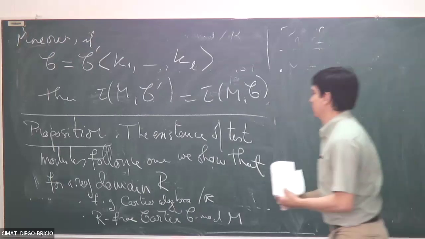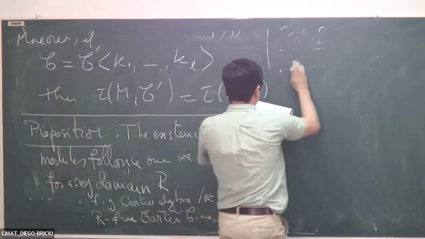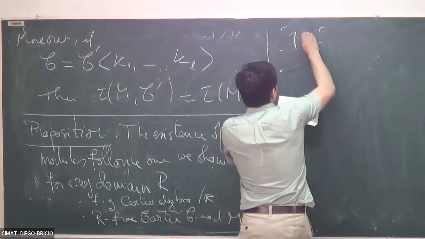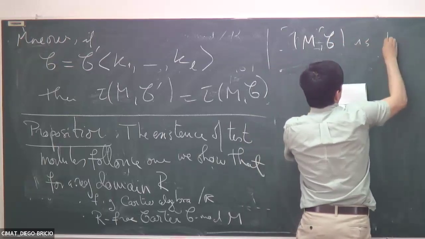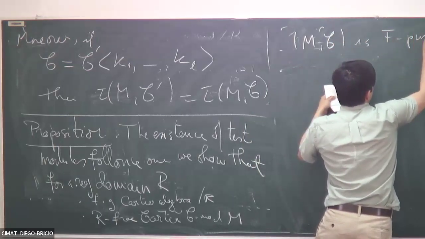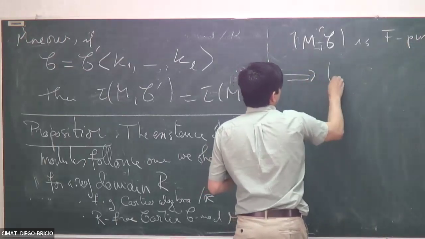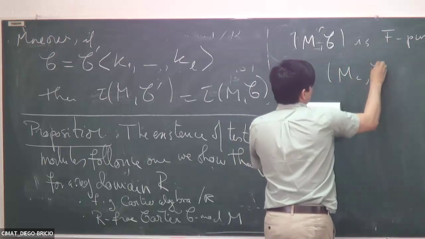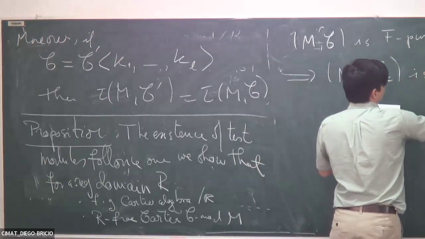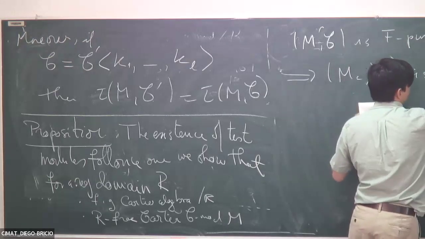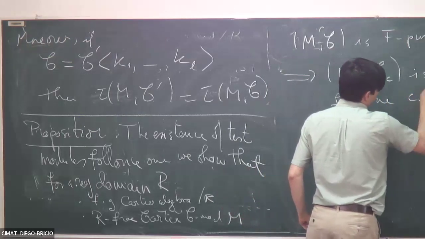So under this hypothesis, we have to prove that if MC is pure, then MC, CC is F regular for some C different from 0.